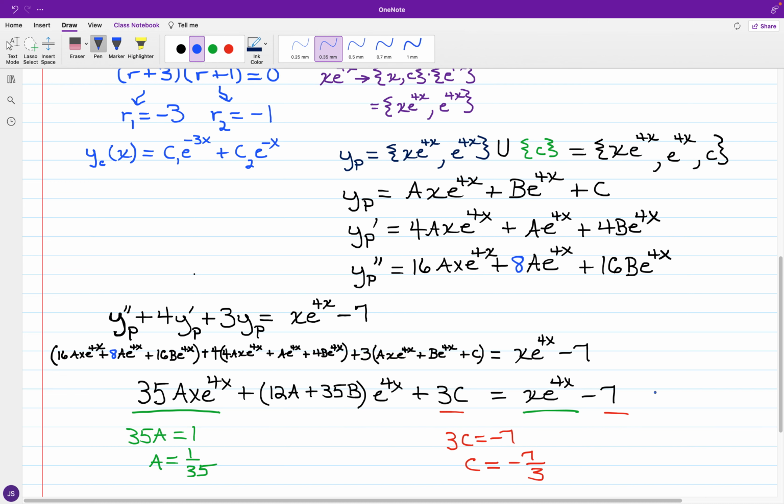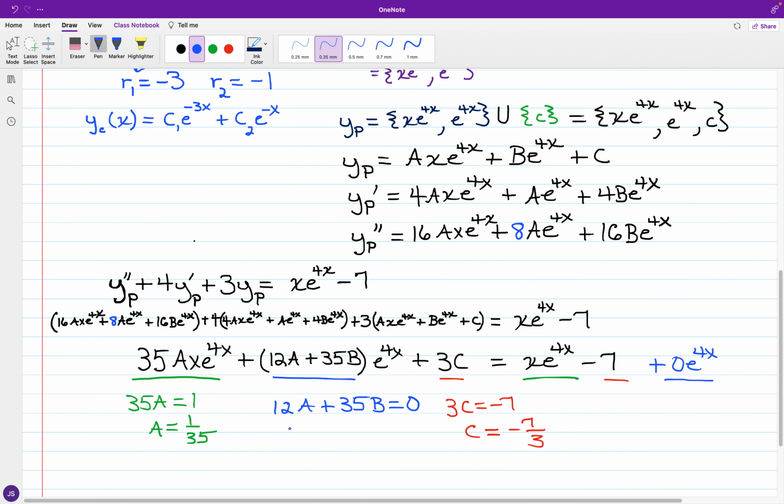Notice we don't have a standalone e to the 4x expression, so that means 12a plus 35b is equal to 0.